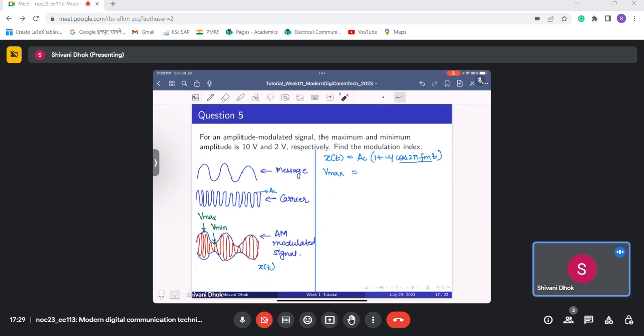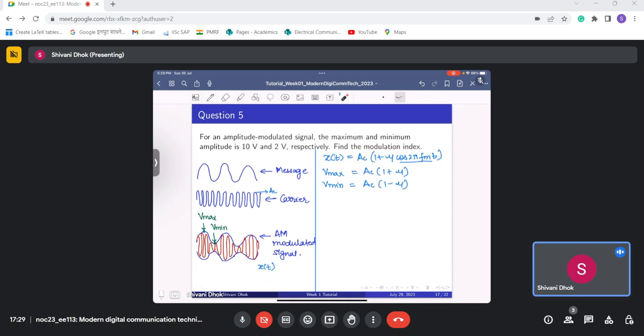So let's substitute that. So what we have is AC into 1 plus mu, and this Vmin is obtained at this point, that is AC into 1 minus mu. I forgot to mention this mu is the modulation index that we need to find, and this is the standard equation for amplitude modulation.